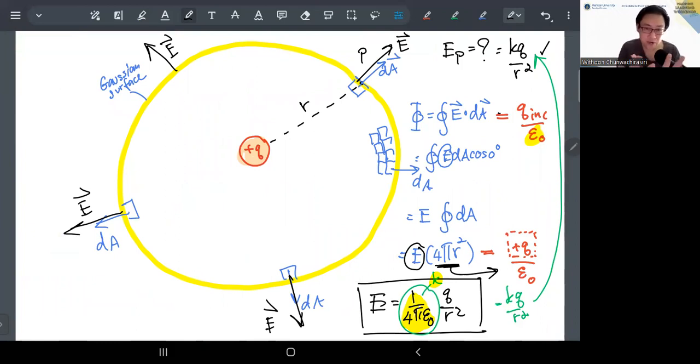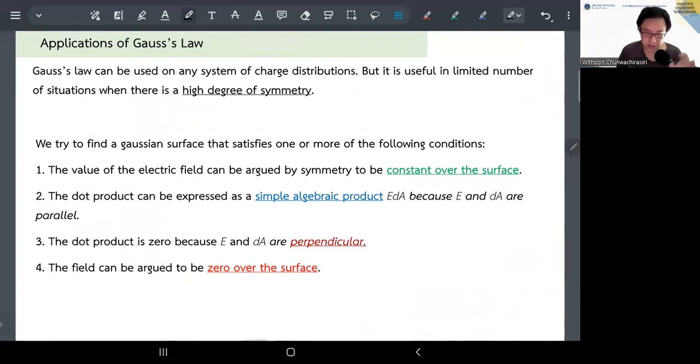And as I try to explain everything from scratch here, you see a little bit of the way that I'm doing it: I have to come up with my own Gaussian surface. It's my own imagination. But the way that I select my surface is by looking at the symmetry of the charge. So in this summary of the application, you try to use the symmetry, and you have to be clever picking the right shape of the surface.